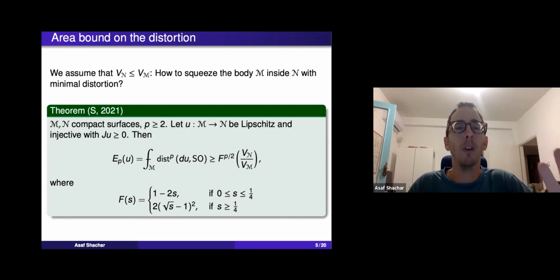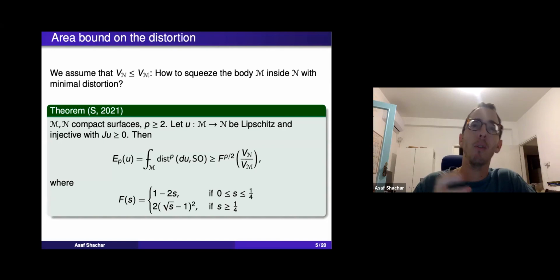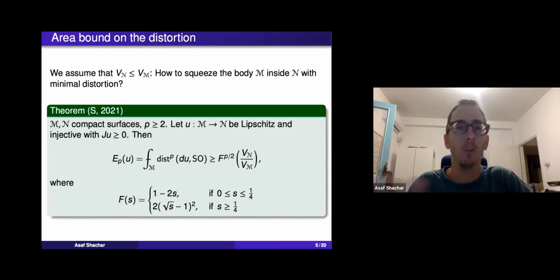I just want to say for now that this statement is kind of crude, because it gives a lower bound which uses very little information. It only uses the discrepancy between the areas of the source manifold and the target manifold. It doesn't use any other information. Of course, the metric contains much more information than just the area.